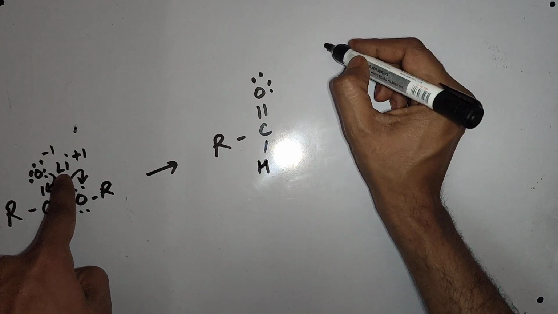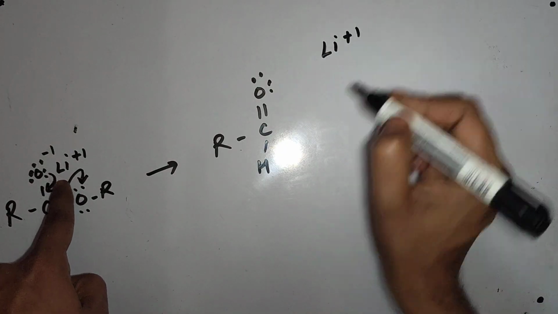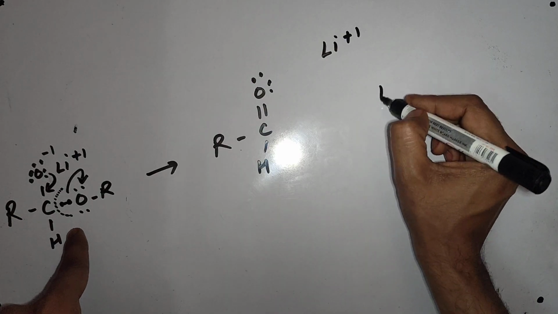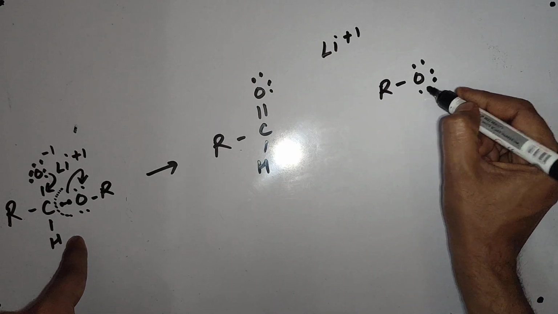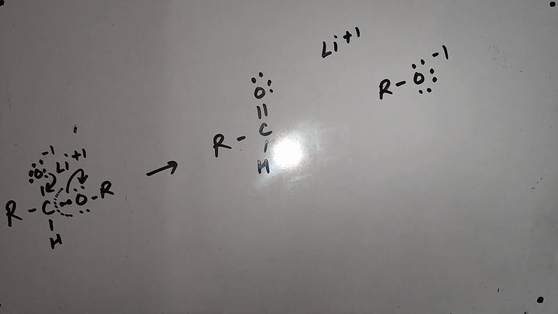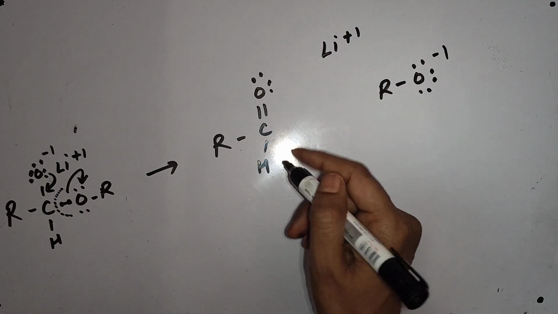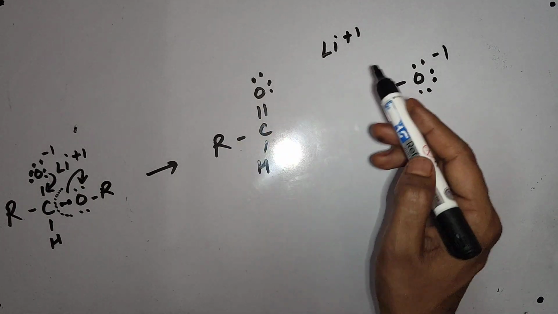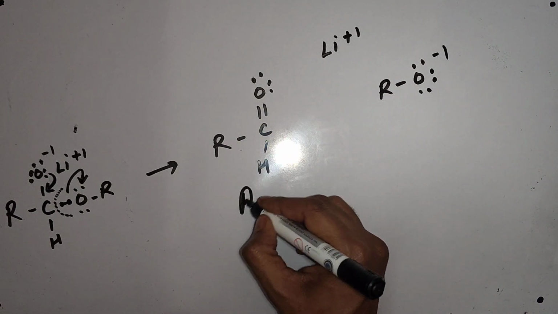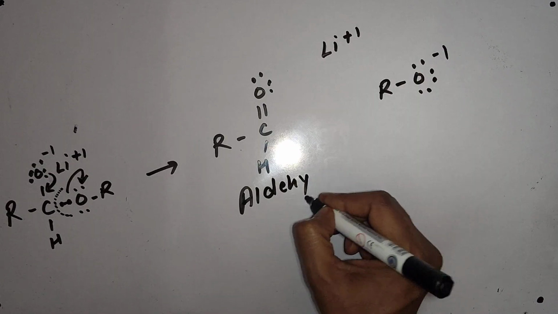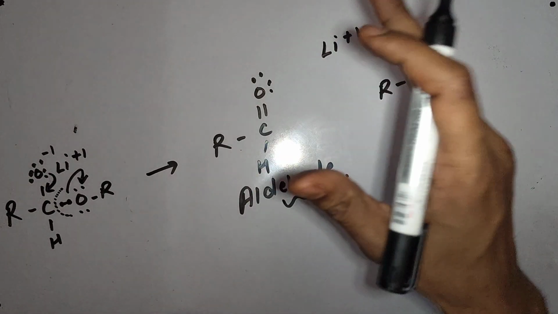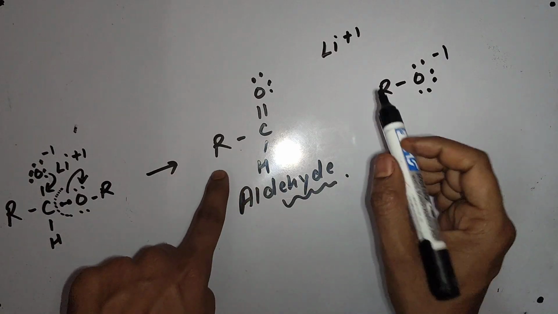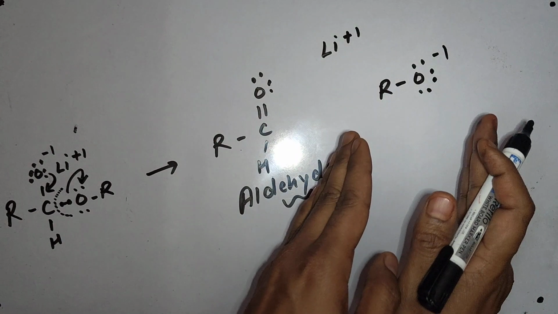Now lithium positive will release out, and here we will have RO negative, this particle. Is it the final product? No. This is an aldehyde. We want alcohol. So again the same mechanism will happen.